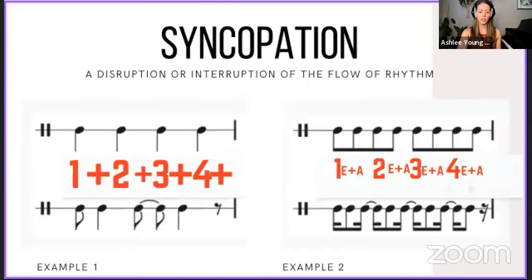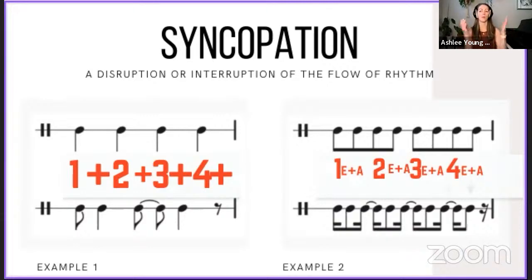I have gotten a couple of questions about syncopation recently, and so I wanted to address it because it can be really challenging. I think syncopation, at its most basic definition, is a disruption or interruption of the flow of rhythm. So it's kind of an abstract definition, but when we are talking about Western classical music, oftentimes the strong beats, or the beats that we feel the most in 4/4 time, would be beats 1 and 3.